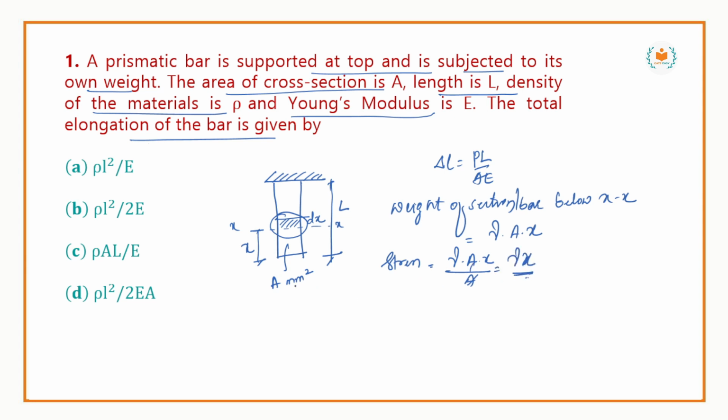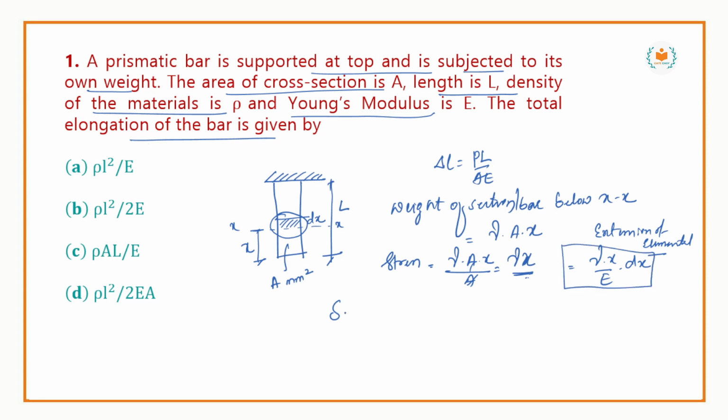The extension of the elemental bar is taken as gamma x divided by E into dx. This is the extension of the elemental part.